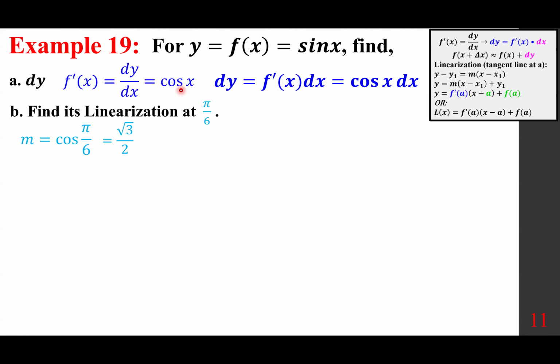As far as the pair is concerned, when x is pi over 6, then f of x is sine x, sine of pi over 6, or 1/2. So you have the pair, pi over 6 and 1/2, and you have the slope.